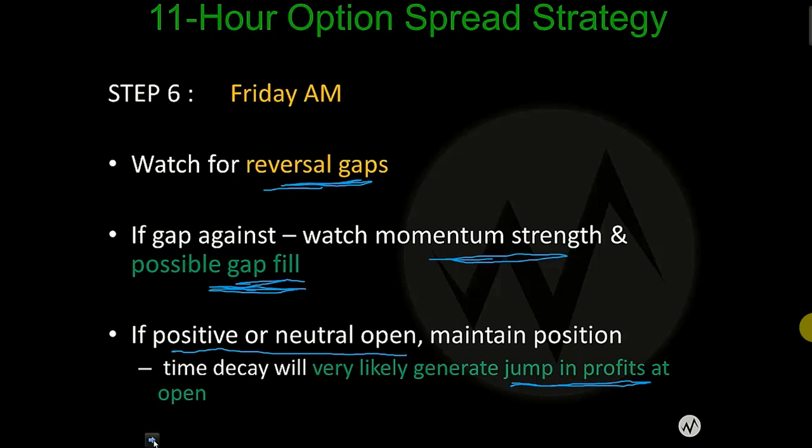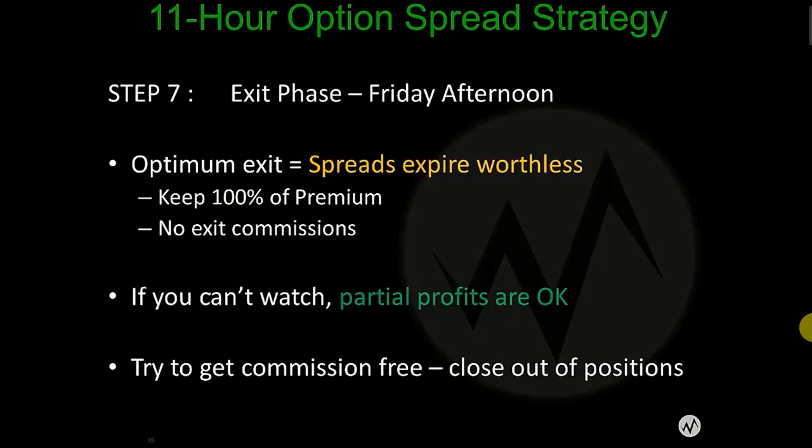Thank you. Right, next step, phase 7, exit phase. If it's going your way, you want to keep it until the spreads expire worthless. Again, you may be blessed with a really boring Friday, okay, in that the market is really quiet, doesn't go anywhere, and basically you sit at 100% max profit pretty much all morning and all afternoon.